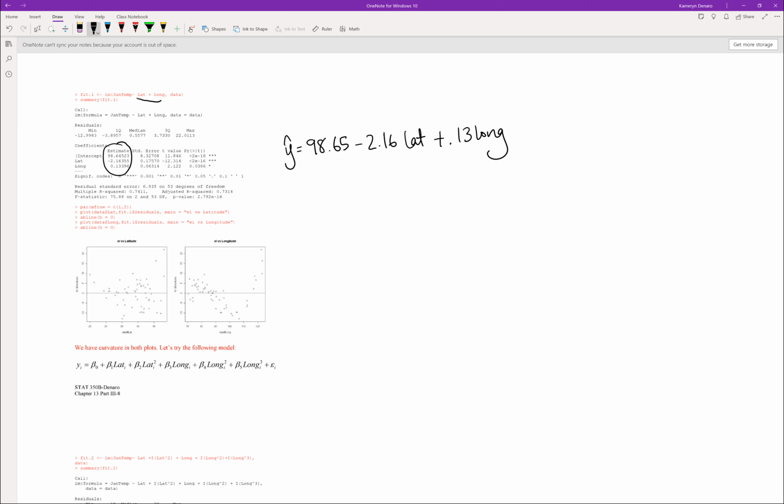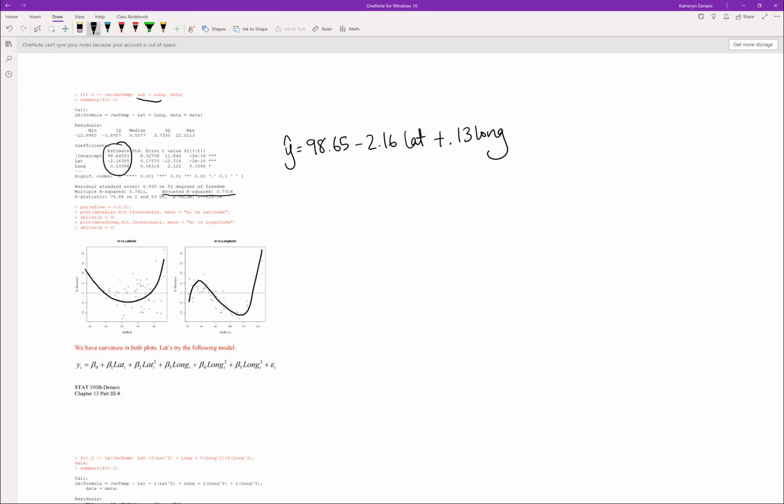And we have a fairly good adjusted R-squared value, 0.7314. But when we look at our residual plots, we see that we might have some issues. So here, maybe we need a square term for latitude based on the shape of the residuals. And for longitude, once again, we see maybe we need a cubic term.